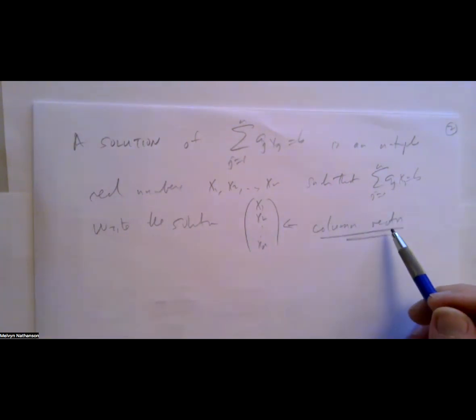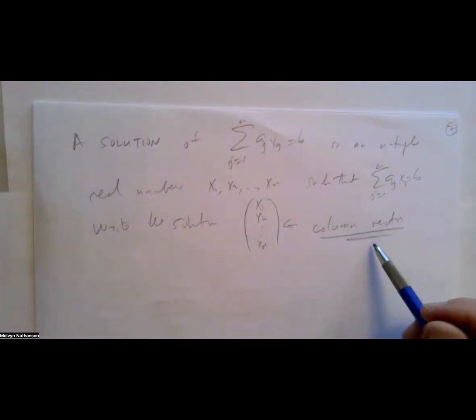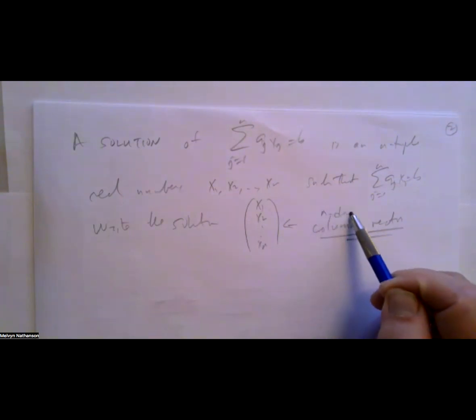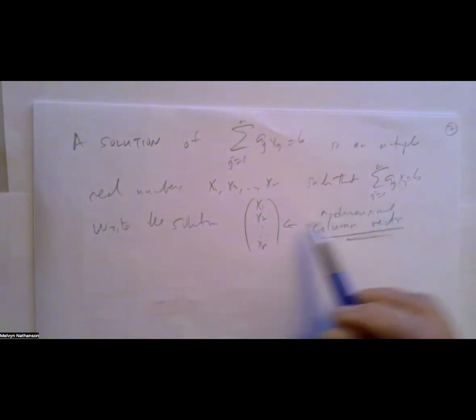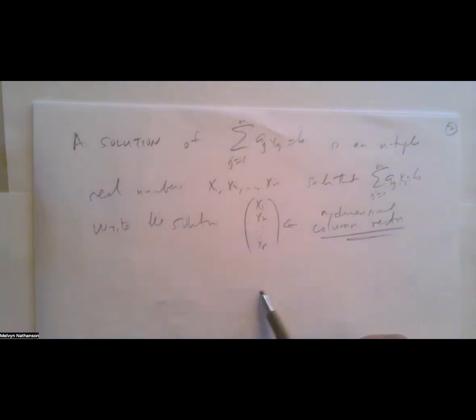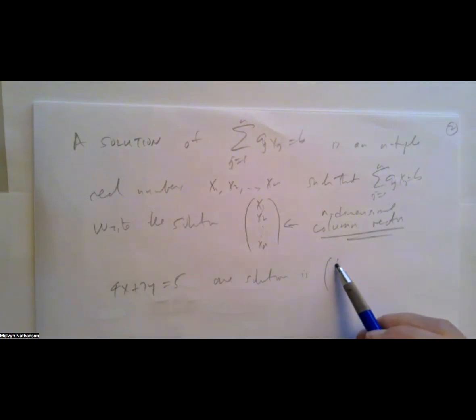So this is the standard way to write the solution of a system, and this is called a column vector. This is purely notational. We call it an n-dimensional column vector because there are n numbers. So if you had the example we just looked at, 4x plus 7y equals 5, one solution is the column vector x equals 5/4, y equals 0.